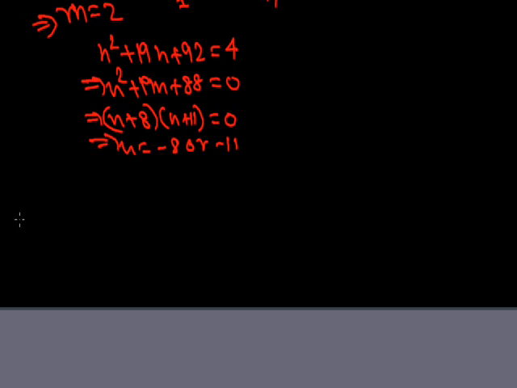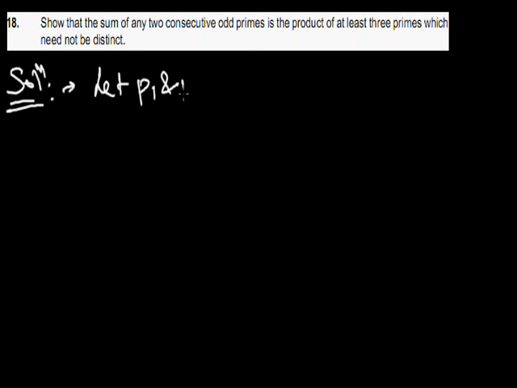Question number 18 is given as, show that the sum of any two consecutive odd primes is the product of at least three primes which need not be distinct. To solve the given question, let P1 and P2 be two consecutive odd primes.